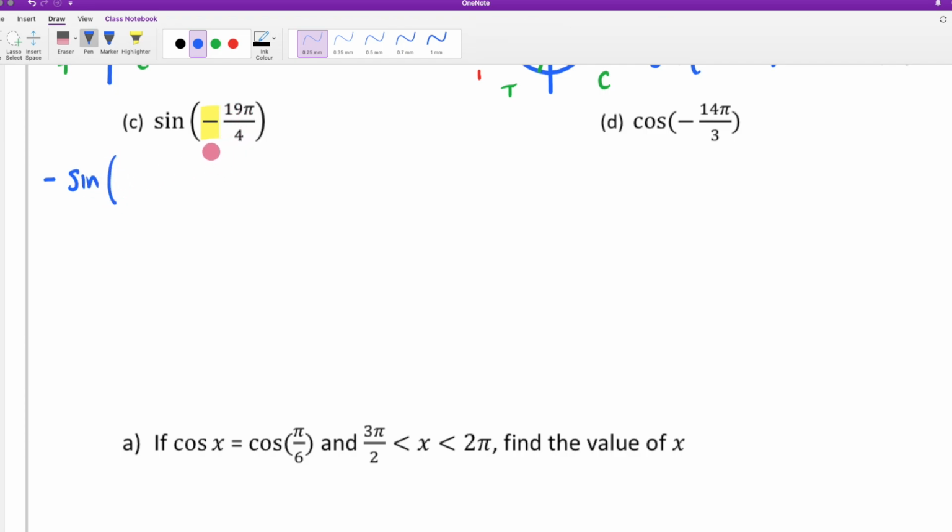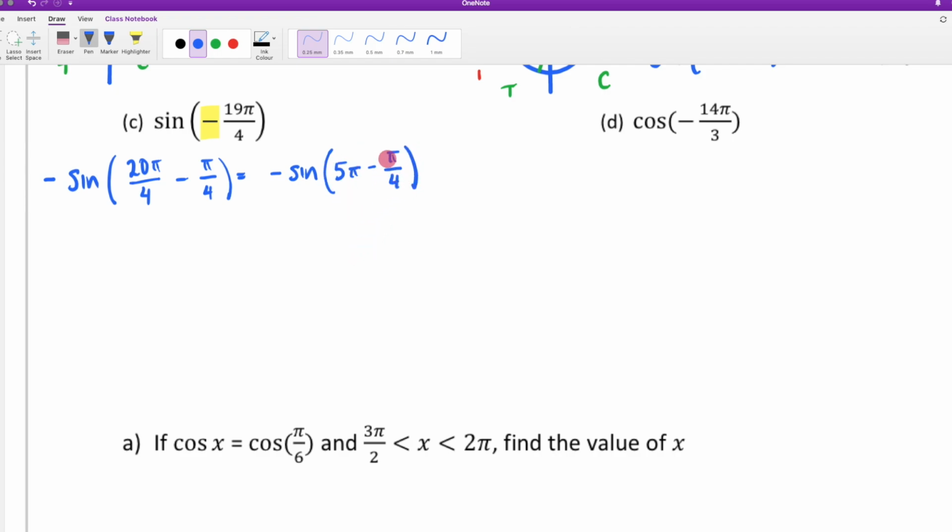So what am I going to break 19 pi over 4 into? Well, why not 20 pi over 4 minus pi over 4. That would be the same as negative sine of 20 pi over 4, which is 5 pi, minus pi over 4.